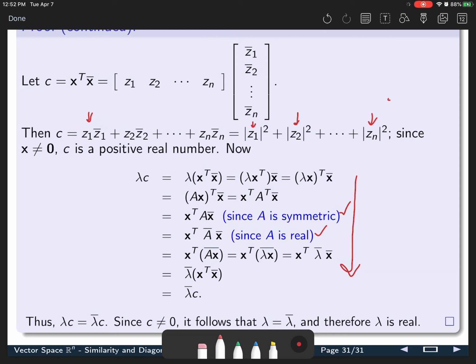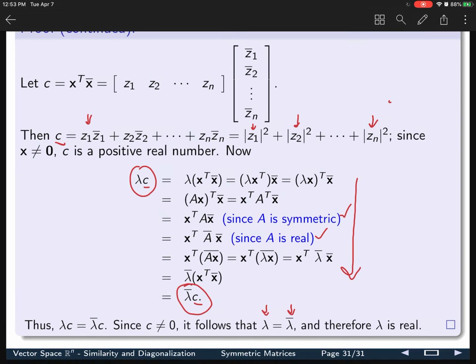We can show that this value, which is really the length of the vector x squared, appears in this process both times, but we're able to show that lambda is equal to the conjugate of lambda, that lambda equals its own conjugate, and that means that lambda is real.